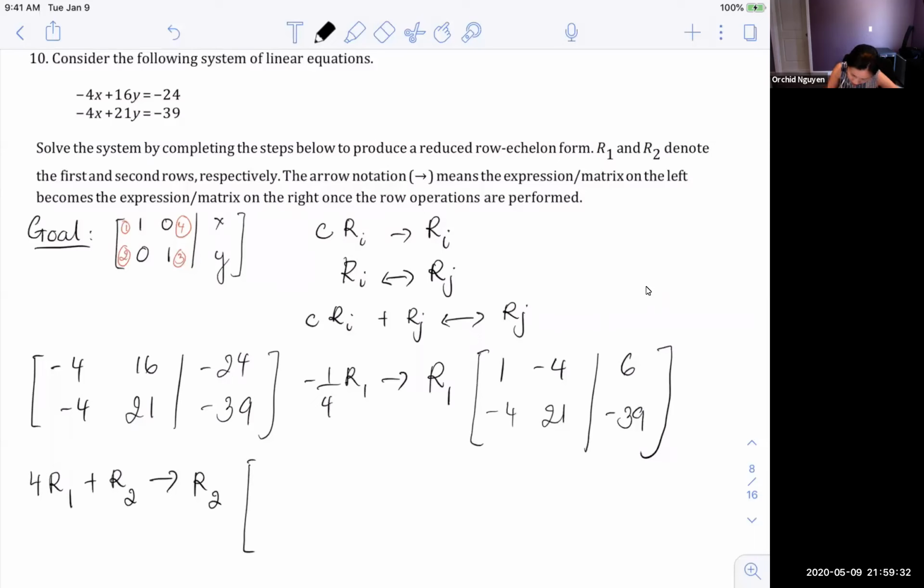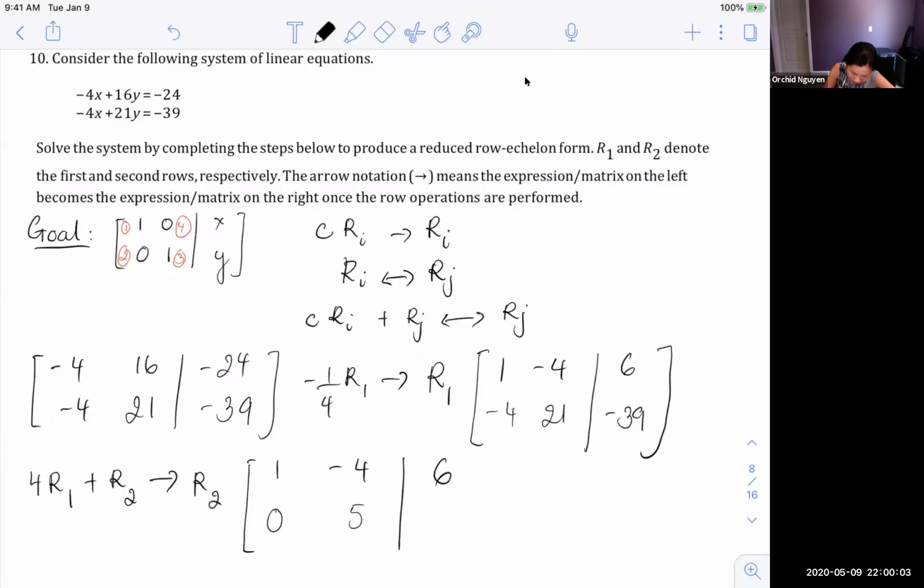So here's the result. I'm just going to copy down R1. All right. Multiply 4 by 1, and then add, so I get 0 here. 4 times -4 is -16, and -16 plus 21 is 5.